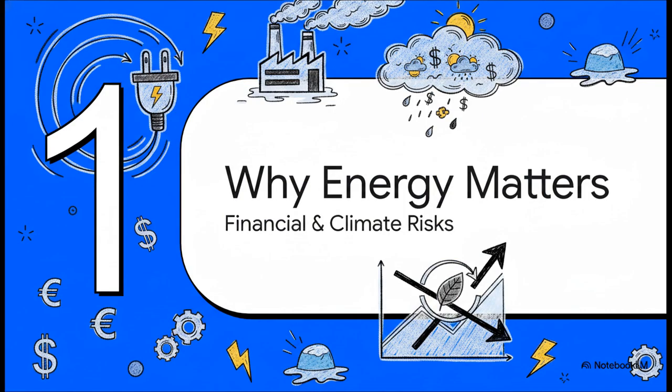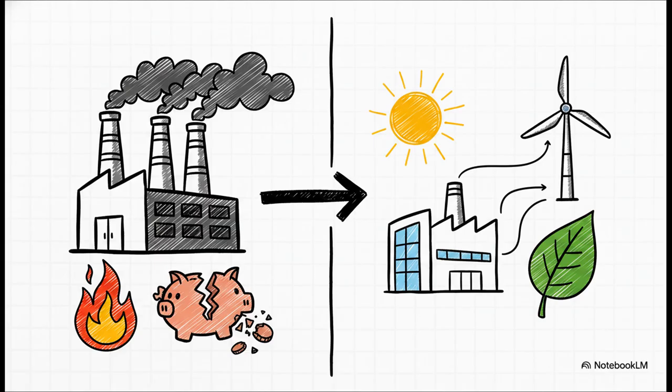All right, Section 1. Why energy management matters, financial and climate risks. Listen, the food processing industry has a massive, and I mean massive, energy footprint. You're operating heavy-duty cooking equipment, you're keeping giant warehouses refrigerated to exact, precise degrees, and you're running these continuous packaging lines. It is an incredibly energy-dense process, and this creates a major dual threat.